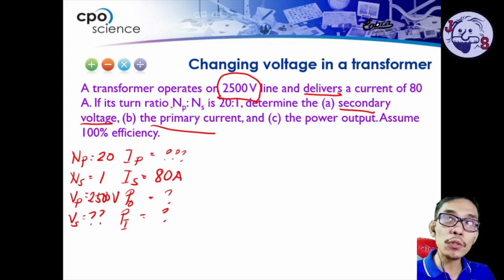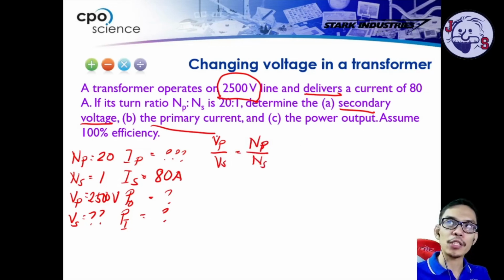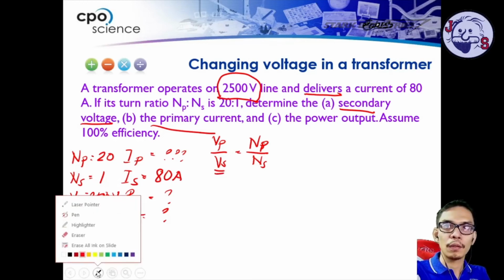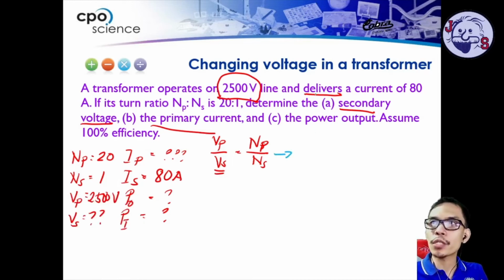Okay, so the first thing to do here is use this formula. After getting the secondary voltage, use this particular formula.